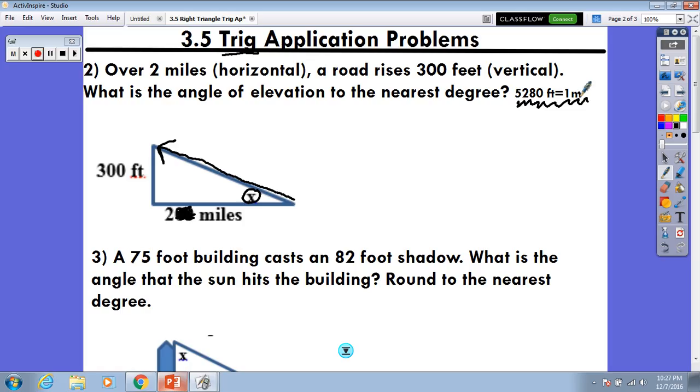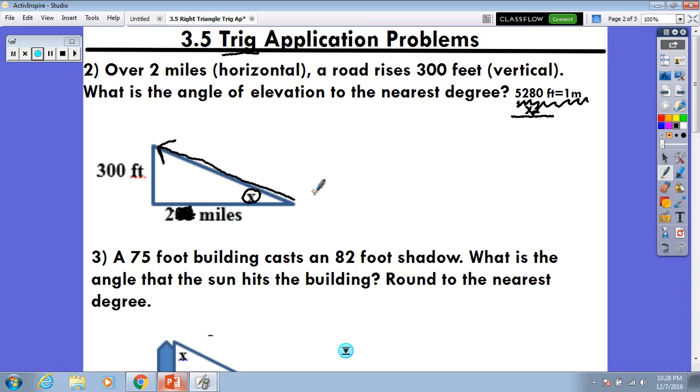Okay, so 1 mile is equal to 5,280 feet. So if I want to figure out how many feet 2 miles are, what am I going to do? I should be multiplying 5,280 times 2. This is going to tell me how many feet there are. I can rewrite this unit, instead of using miles, I can use feet.